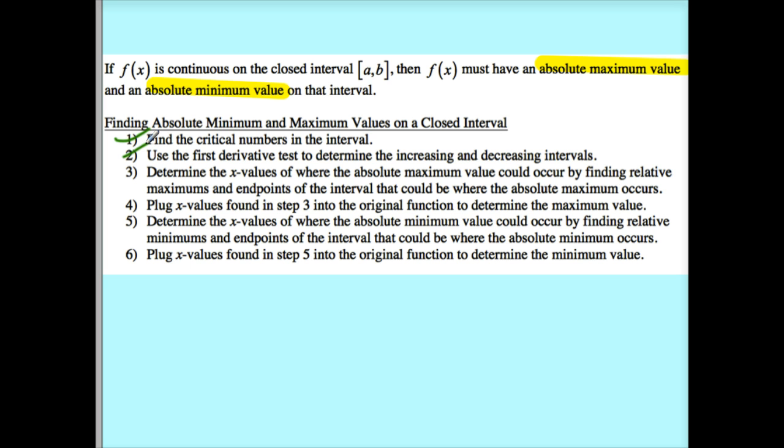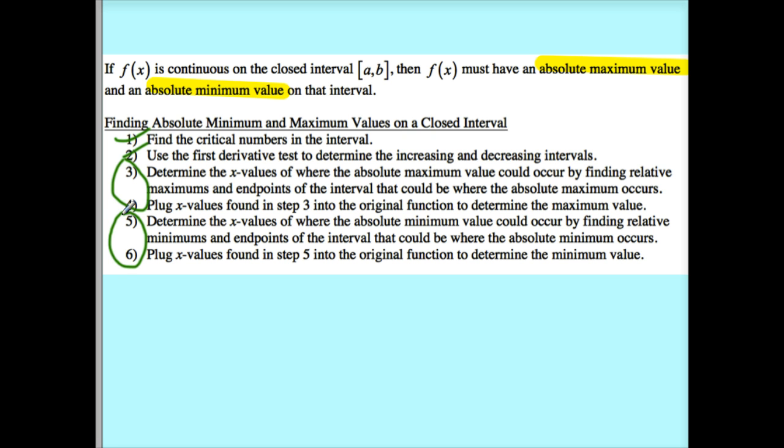Then it says determine the x values of where the absolute maximum value occurs by finding relative maximums and endpoints on the interval that could be where the absolute maximum occurs. What that really is saying is plug in your x values and find out which one is the highest maximum. So these are mixed together. And the last two steps are the same thing, but you're going to find the minimum values.